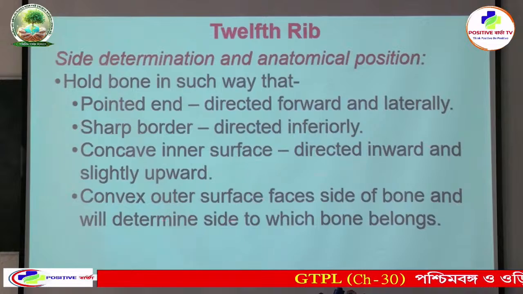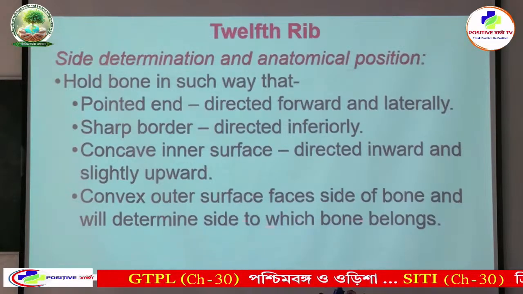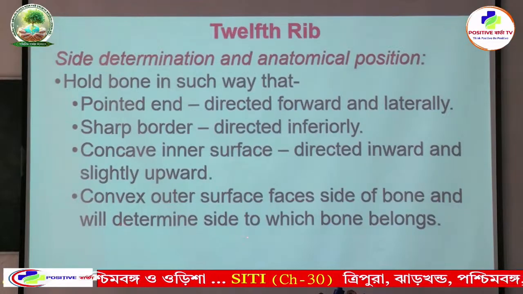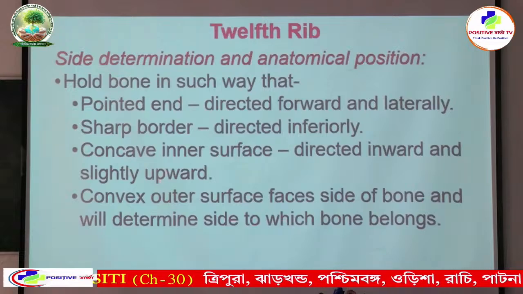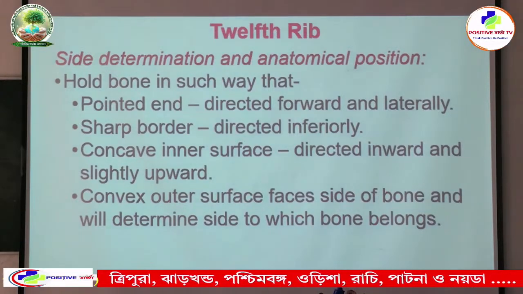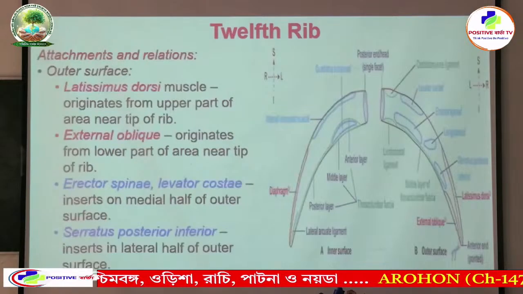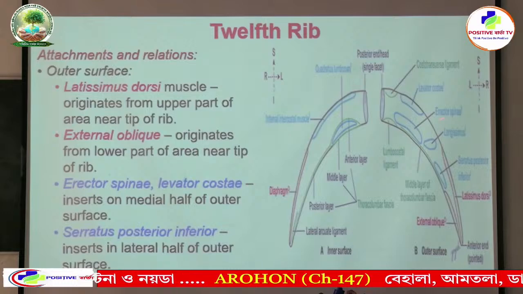The convex outer surface faces towards the side of the bone and will determine the side to which the bone belongs. These are the attachments and relations of the 12th rib.